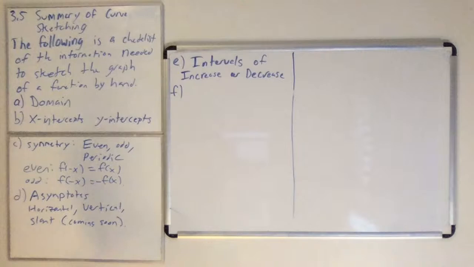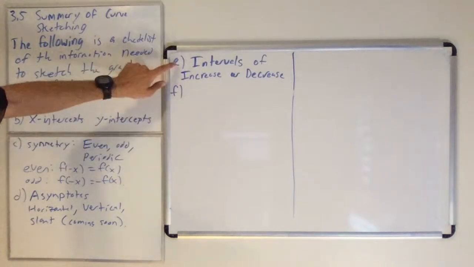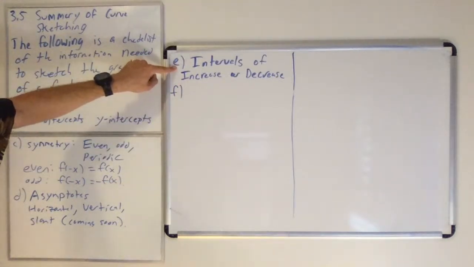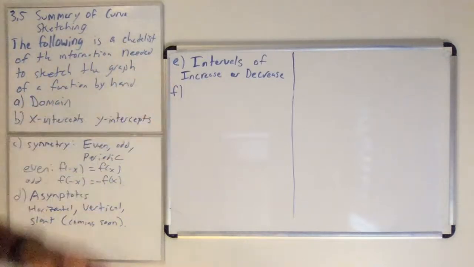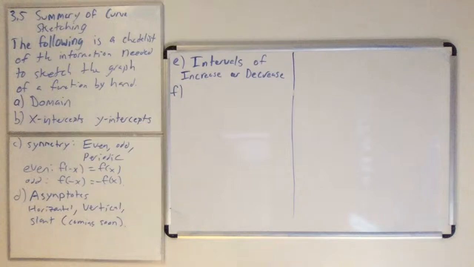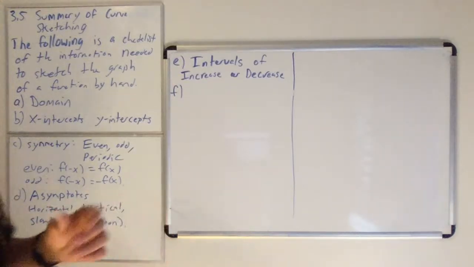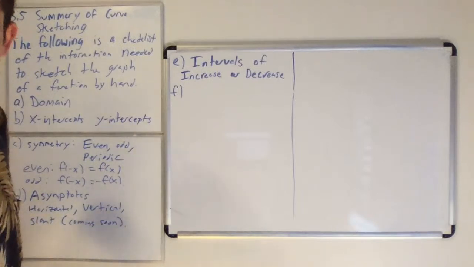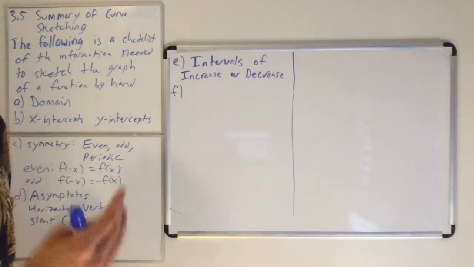Yeah, exactly, Max. So this part E is when we first take our derivative. We're going to take our derivative, check when it's positive, and check when it's negative. Yeah, Isabella, that's also right. So we'll take the derivative, set it equal to 0, and then we'll use test points on the number line. And that's how we check if it's positive or negative.